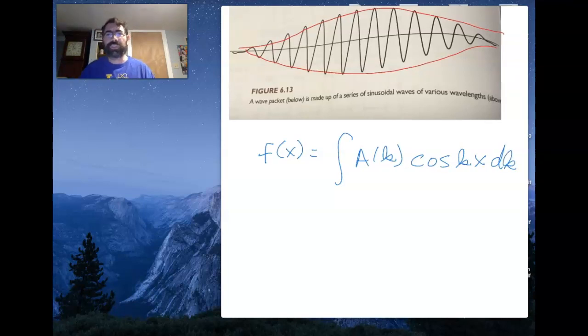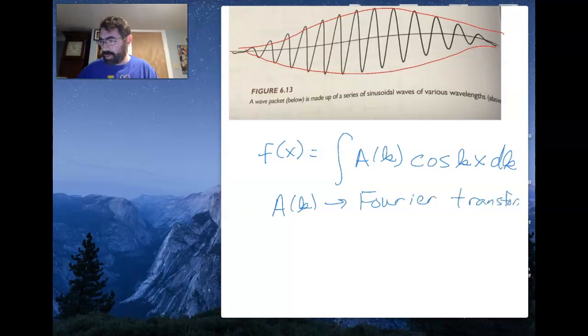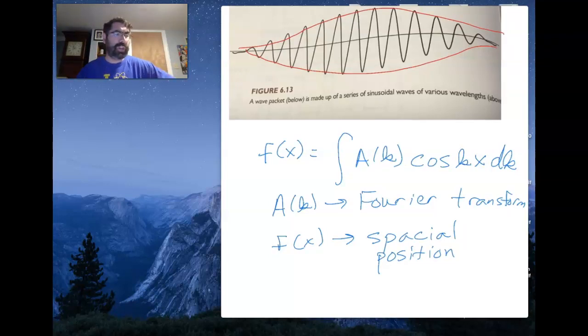So it's interesting that if we sum up over all of the different waves and then multiply by the transform function cosine, we can get the function in terms of the x position, in terms of its position information. So this A(k) is called the Fourier transform.